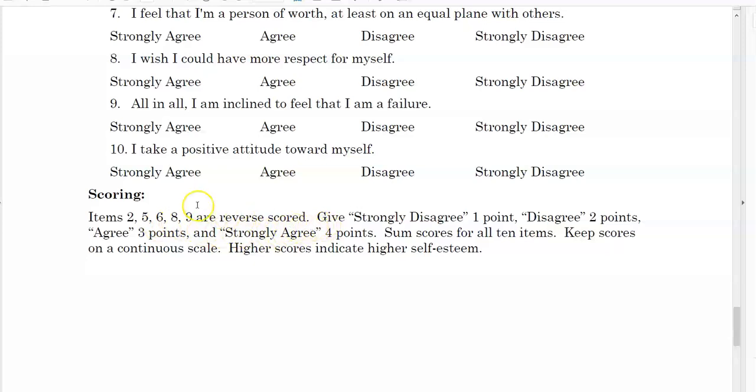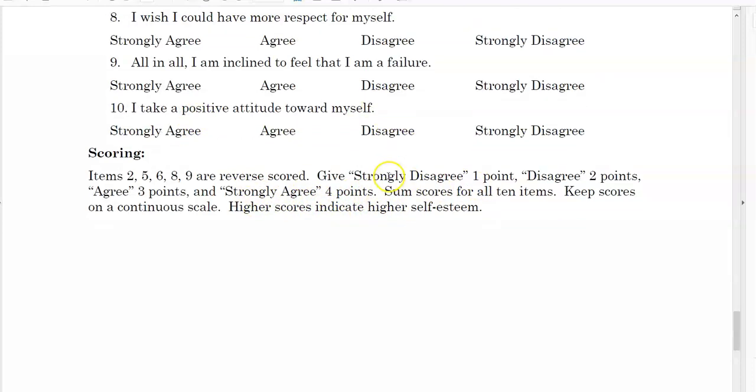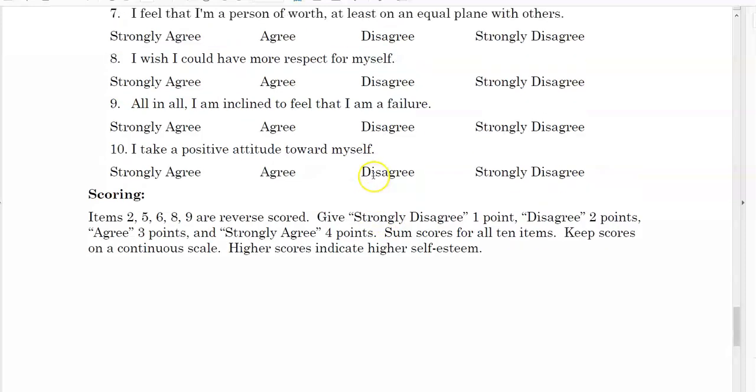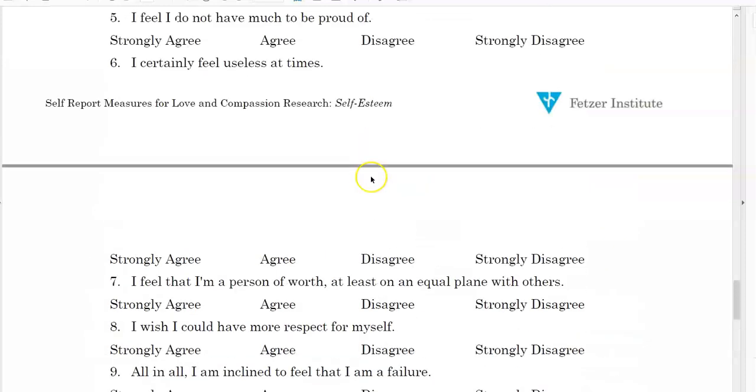Reverse scoring means where strongly agree was 1 point, agree 2, disagree 3, and strongly disagree 4, you just put it the other way around. And the scoring says you have to simply score all 10 items. So that's very easy to do.